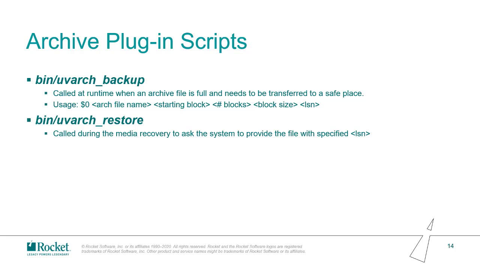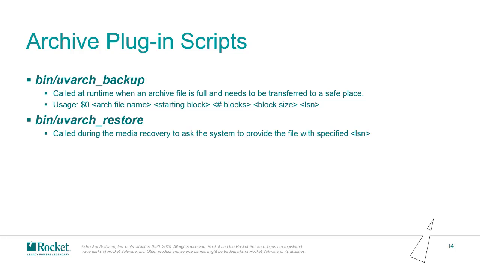Those are the 2 scripts you might want to change if you enable the archiving backup. The first one is used to offload the archive file to a safe place. In our case, we just copy this file to a different location.